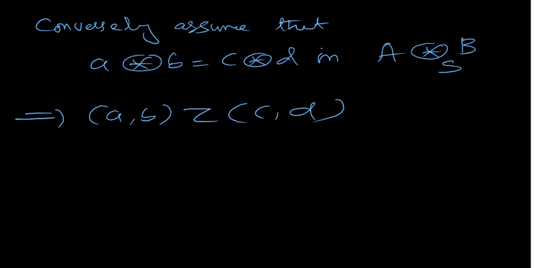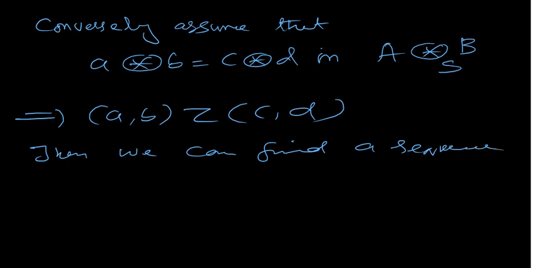So that means we can find a sequence of transitions like this, which starts with the pair (A, B).